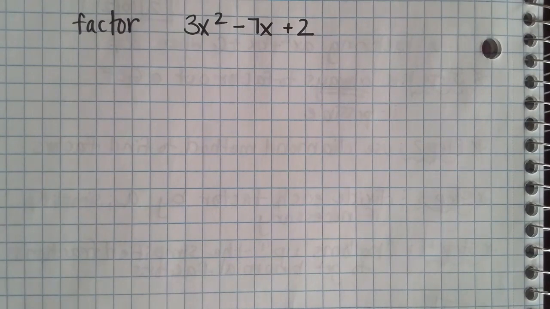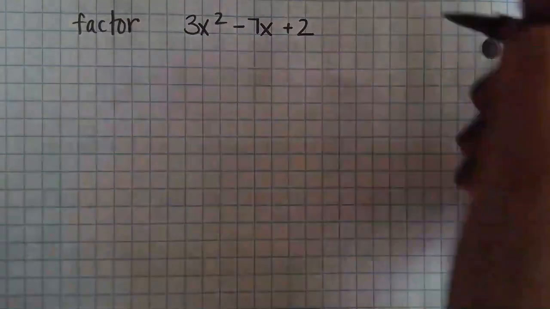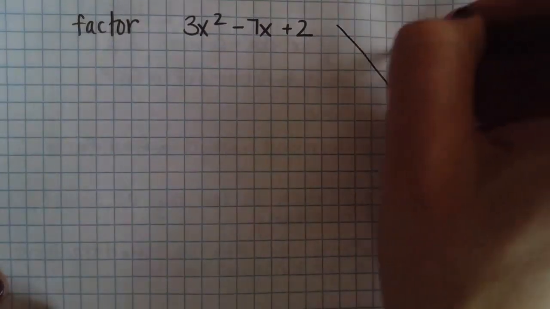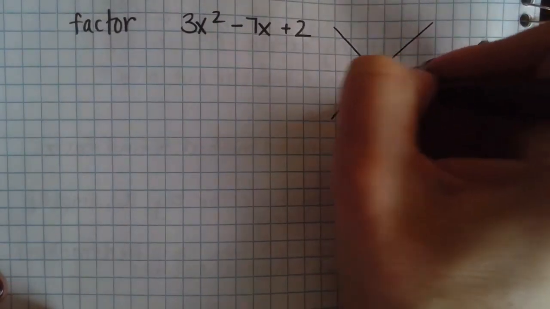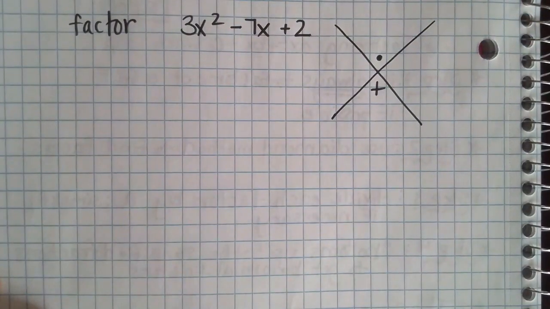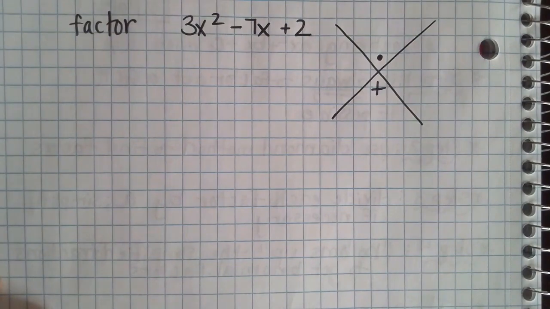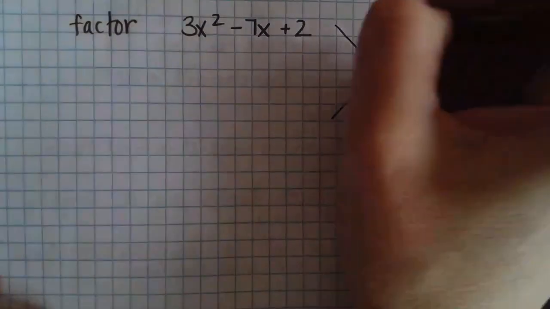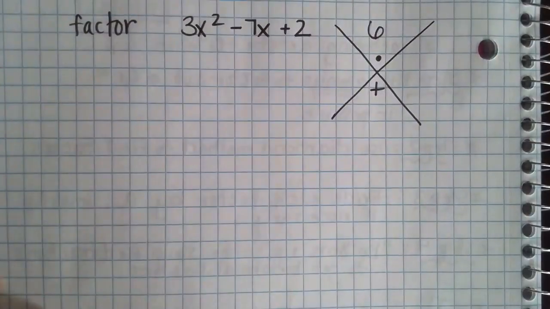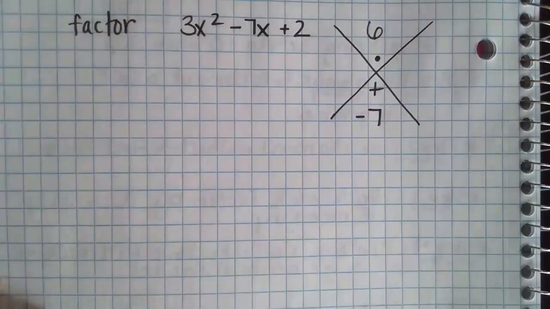GCF. Is there a GCF? No. So we move on to step 2, which is make our diamond. Okay, A times C is what? 6. 2 times 3. A times C. 6. And our B is negative 7.